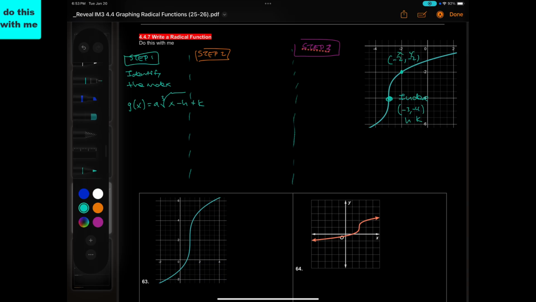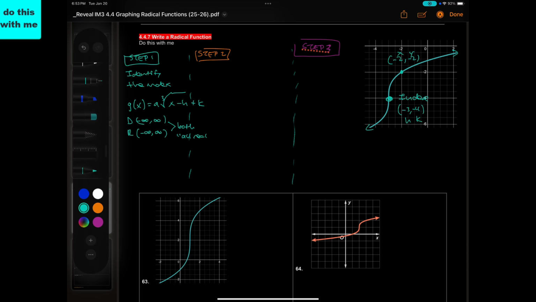Okay, so now if you look at this graph, you know, the domain is negative infinity to positive infinity. And the range is also the same thing. Basically, both are all real numbers.